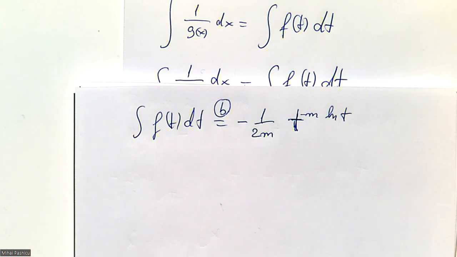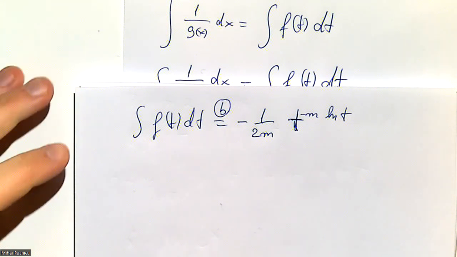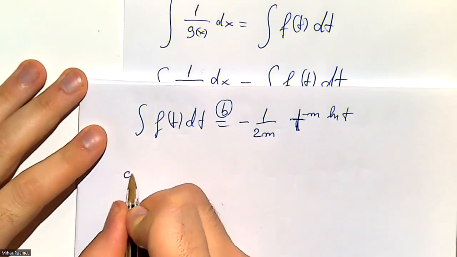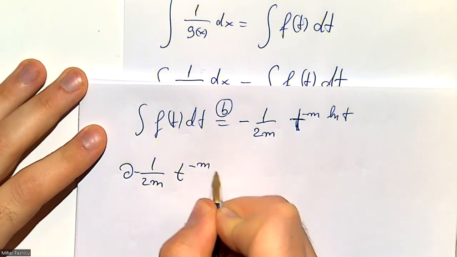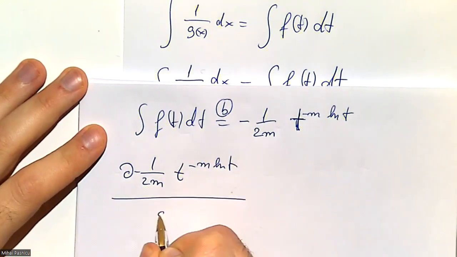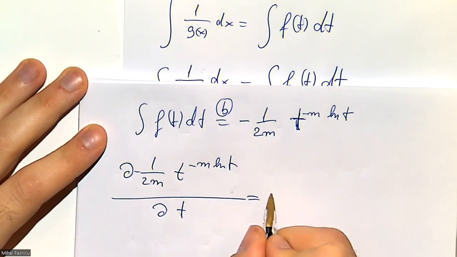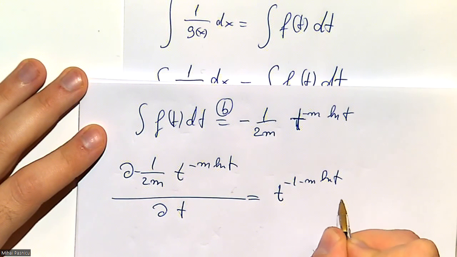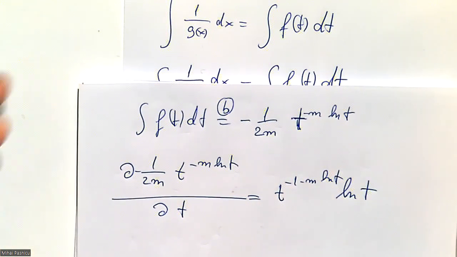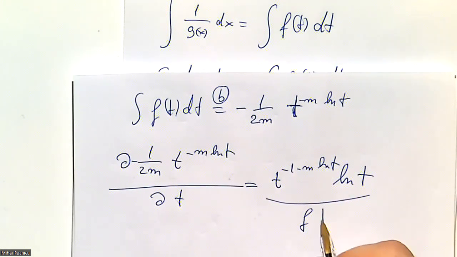Even if you only suspect this is the case, I would recommend at least writing, oh, I just observed magically that the derivative of 1 to m minus m t minus m ln of t, the derivative of t, is just equal to f of t, minus 1 minus m ln of t. So you just write something like this, which is just f of t.